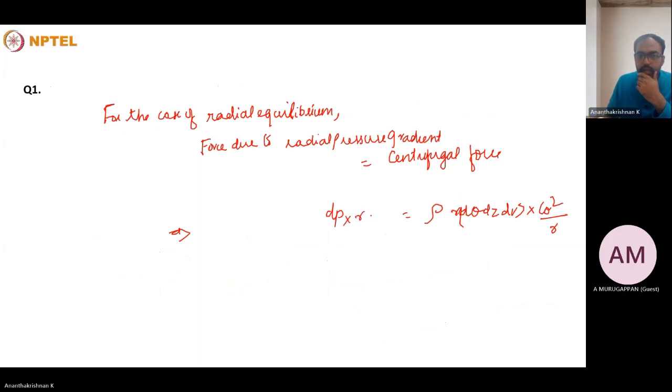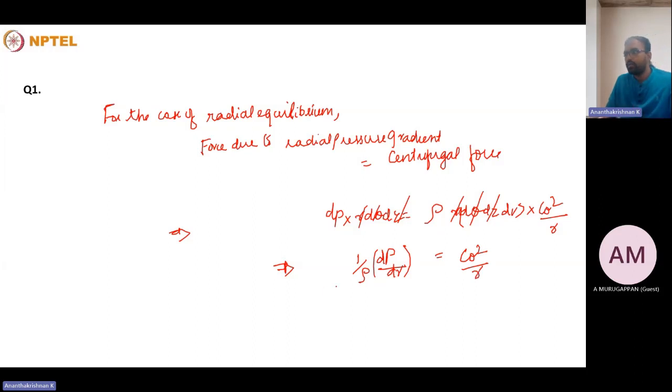We cancel the terms r d theta dz on both sides. What we get is 1 by rho into dou p by dou r is equal to c theta squared divided by r.